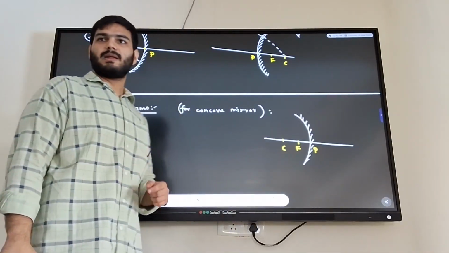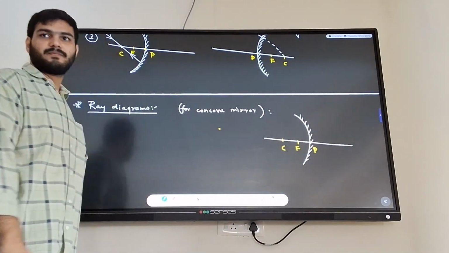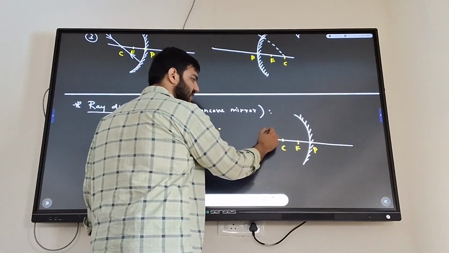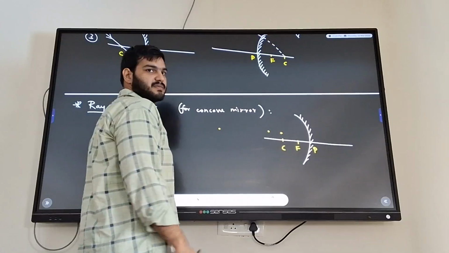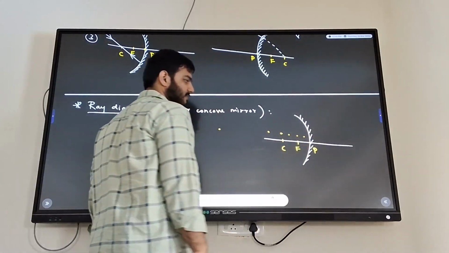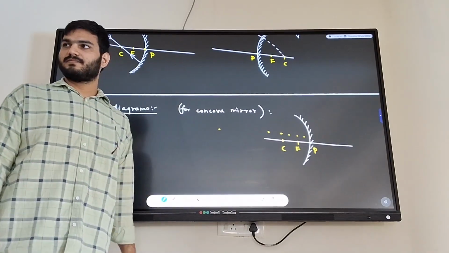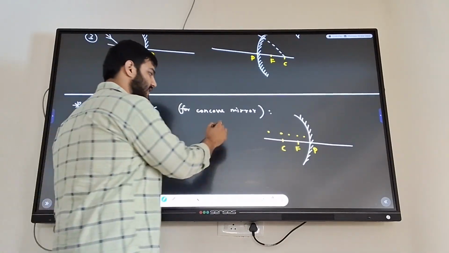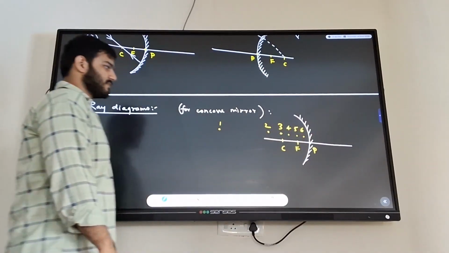There can be many positions. Maybe my object is placed at infinity. Maybe just beyond C. Maybe just at C. Maybe in between them, here or here. These are my possible positions of the object. I will keep considering them and make the ray diagrams.